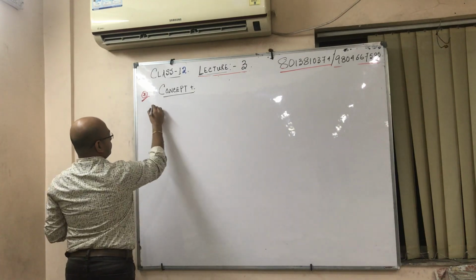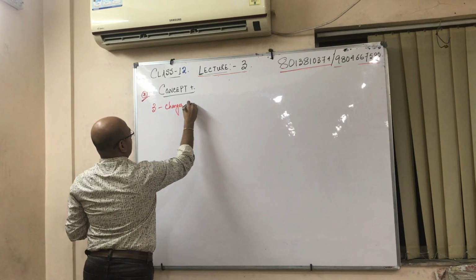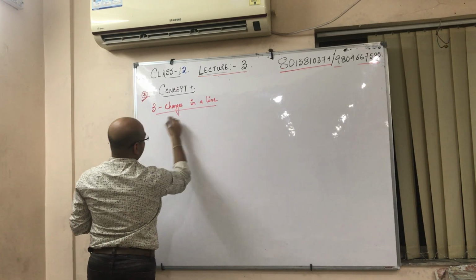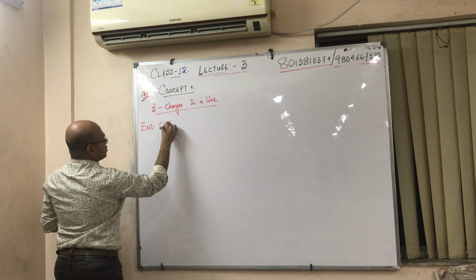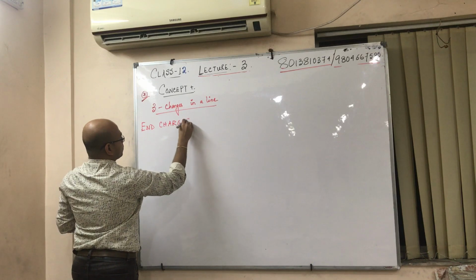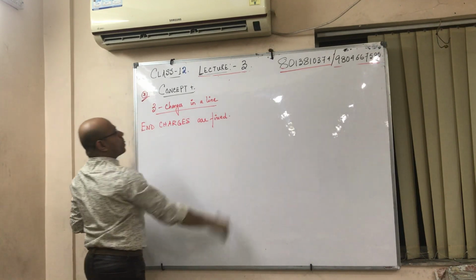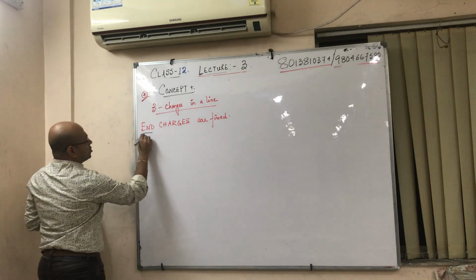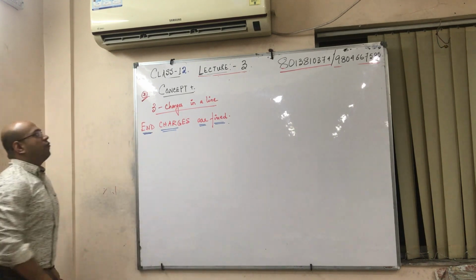First, 3 charges in a line. End charges are fixed. 3 charges in a line and end charges are fixed.